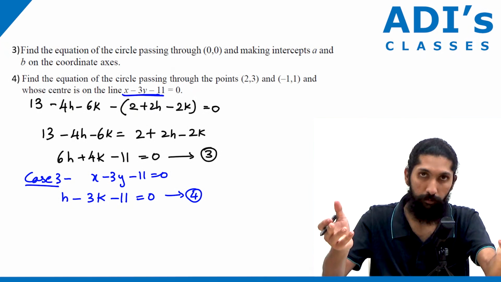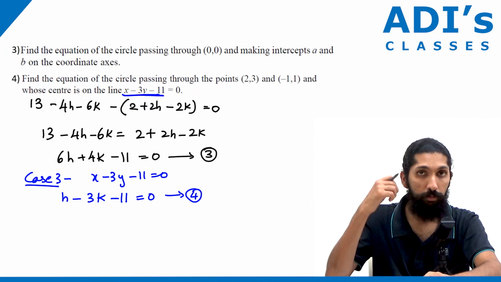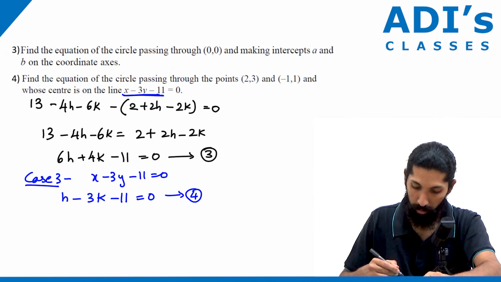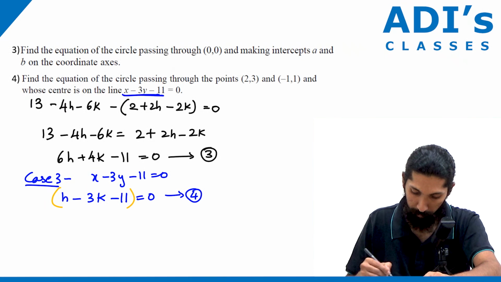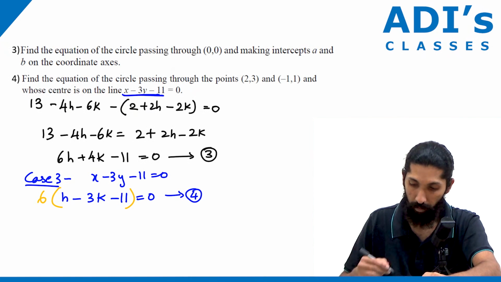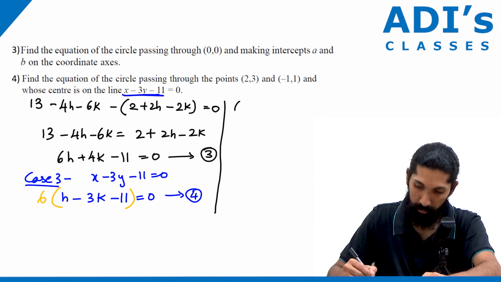Now we are going to do the elimination method. For the fourth equation, we'll multiply this by 6 and subtract. You have 6h plus 2k minus 11 is 0.